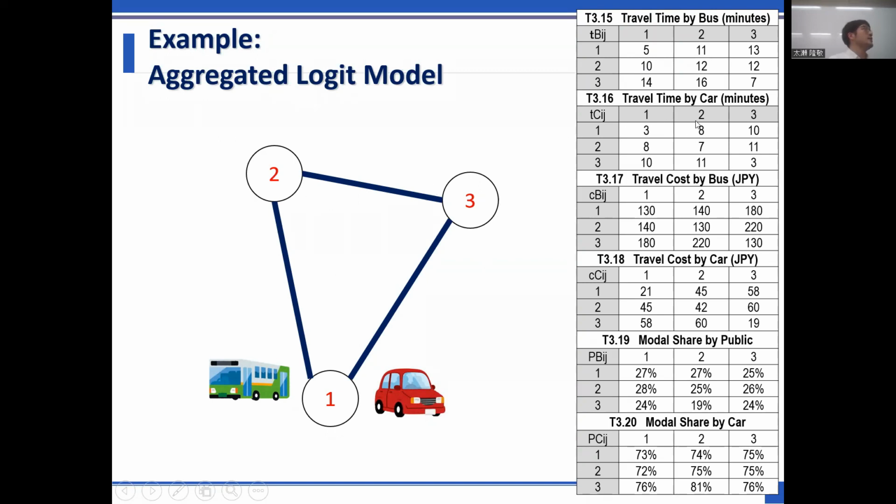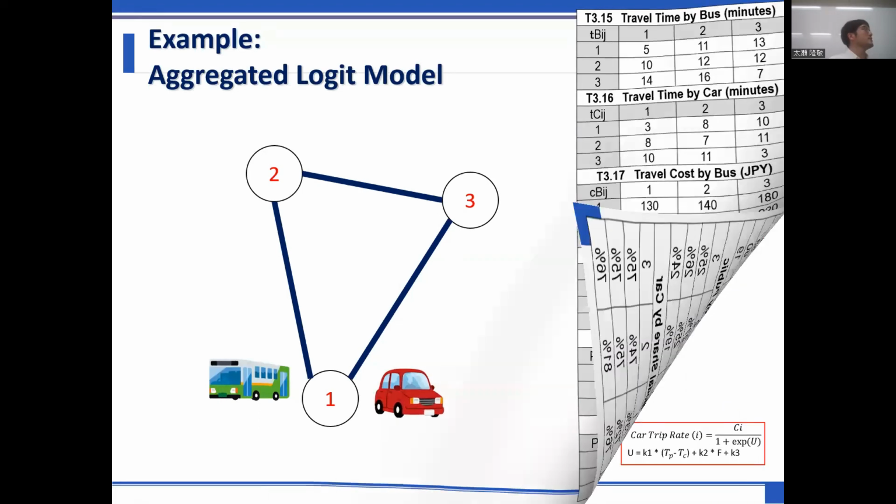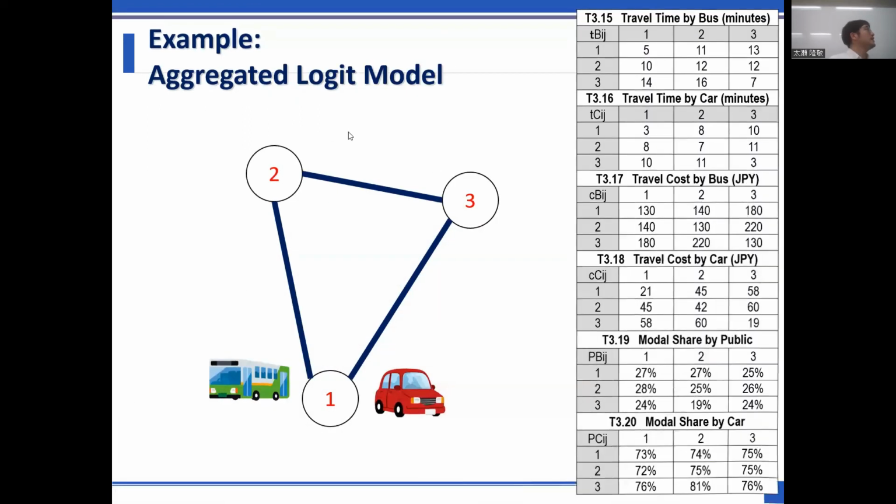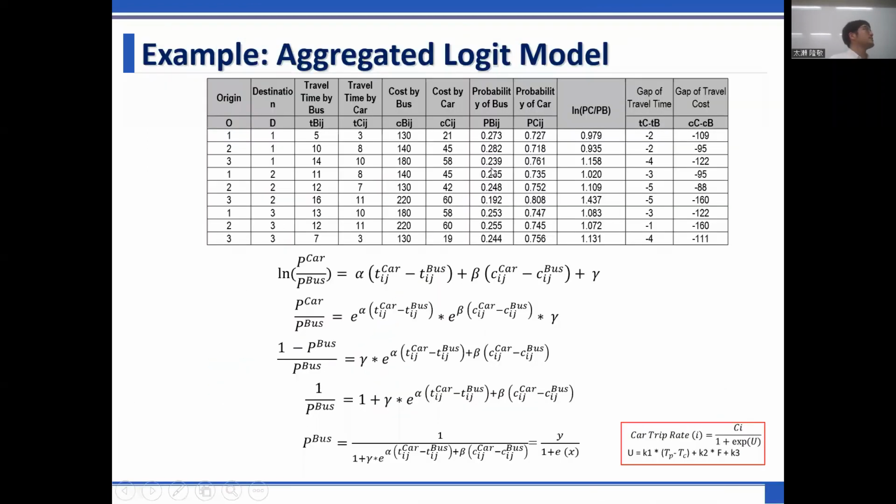And according to the travel time by car, travel time by bus, travel cost by bus and car, the modal share by public transport and the modal share by car must be obtained from the actual condition. Yes, and this figure is converted into this format. Yes, and very complicated issues.